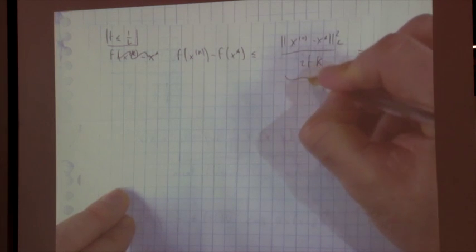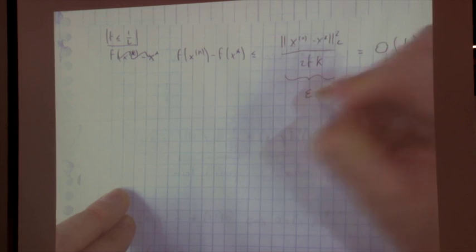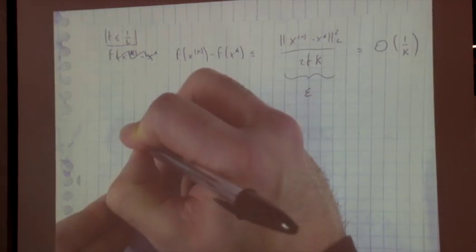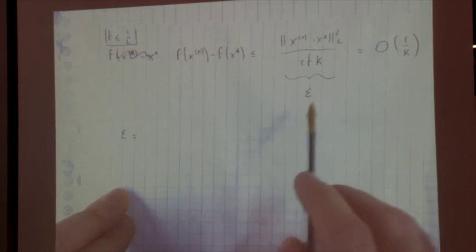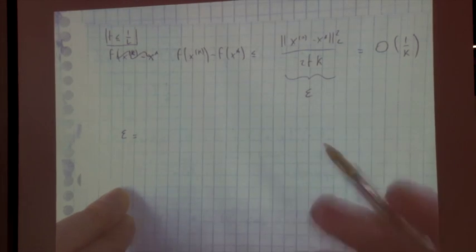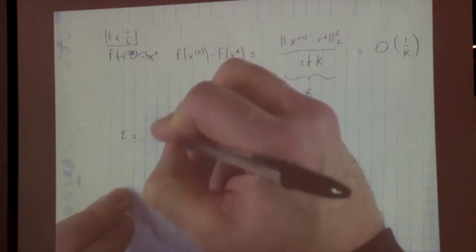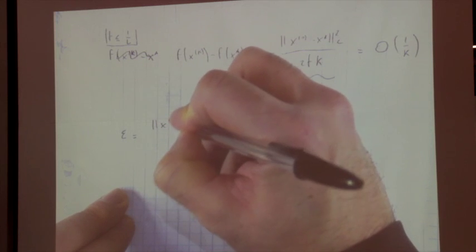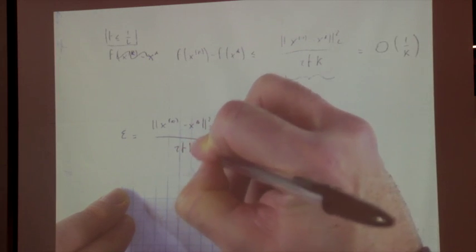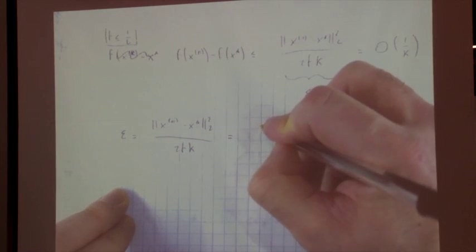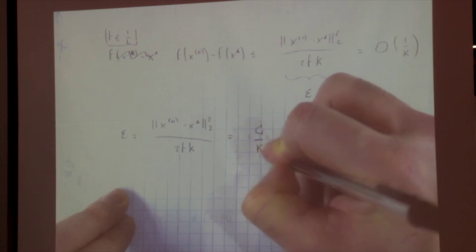Equivalently, you can state the same result in a different fashion. You can set the desired accuracy to be epsilon. If you want f of x_k minus f of x star to be less than or equal to epsilon, then epsilon equals the norm of x naught minus x star squared divided by 2tk, which is just some constant, let me call it c, divided by k.